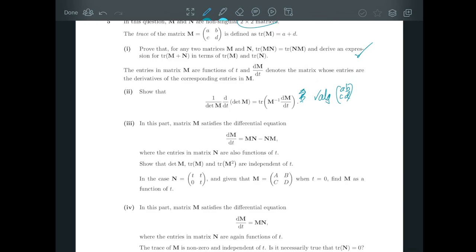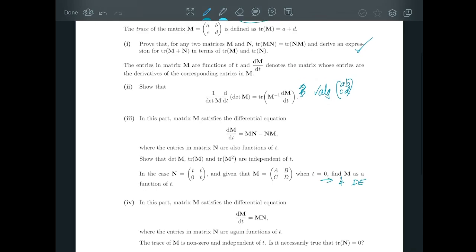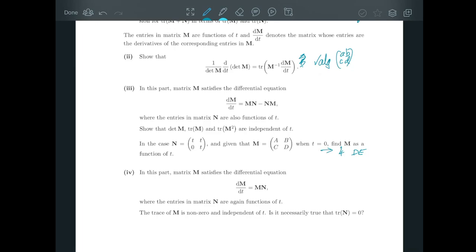Okay, so this is now solve the differential equation, basically. You've got n as a general thing. Well, this feels like it's just 4 differential equations, one in each component, once I know what t is, because I can work out mn and nm. And then finally, we've got an even simpler, inverted commas, differential equation.